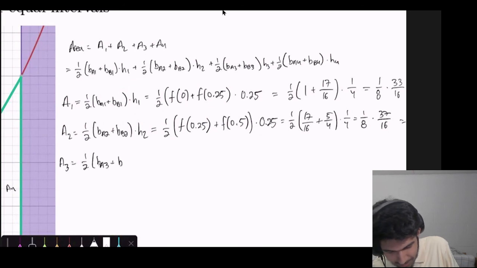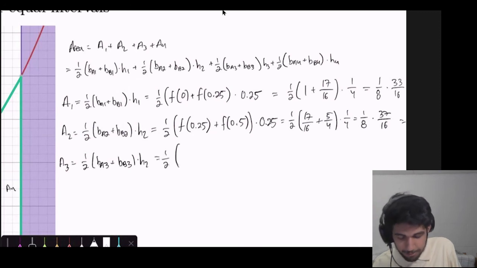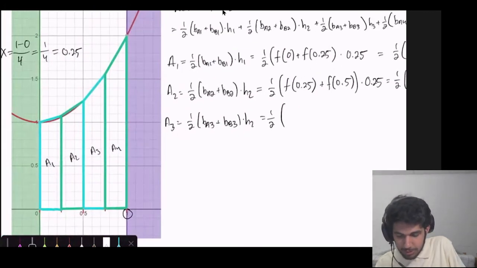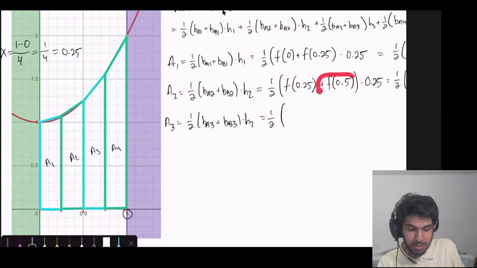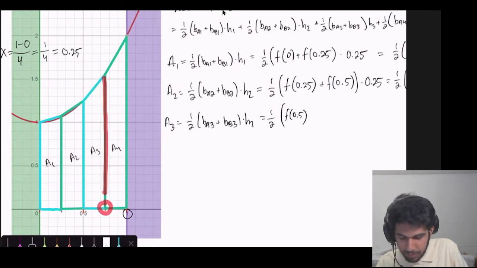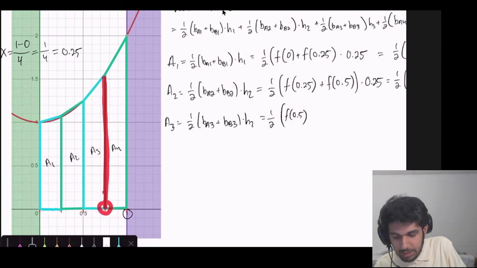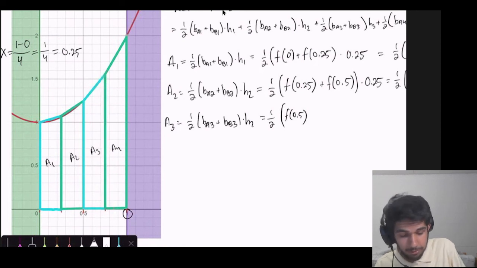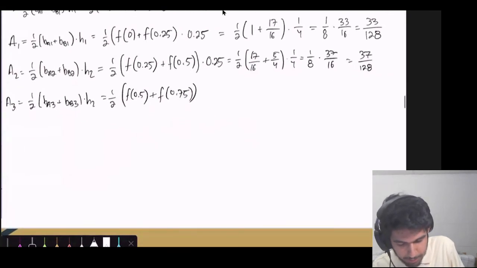ba3 plus bb3 times h3. So that'll be 1/2. This first base will carry over from the previous one, so that's going to be f of 0.5. And now we have this new base to consider. We traced up from 0.75, so this height will be f of 0.75. And then once again, we multiply that by 0.25.